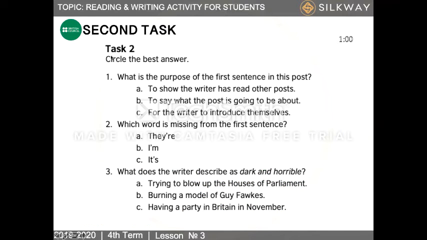What you need to do with this task is to circle the best answers. Now, you have 1 minute to answer this slide and another 1 minute to answer another slide. So your 1 minute starts now.